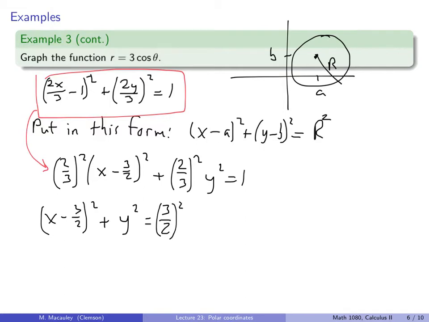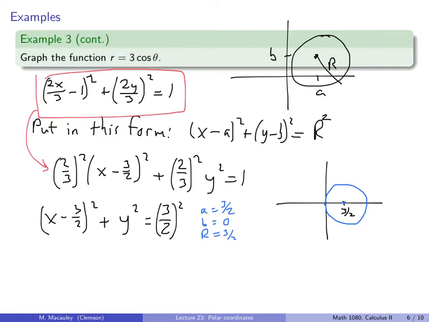So this is a circle centered at 3/2. Here, let's say a equals 3/2, b equals 0, and r equals 3/2. So this is a circle centered at 3/2 with radius 3/2, and that's it.